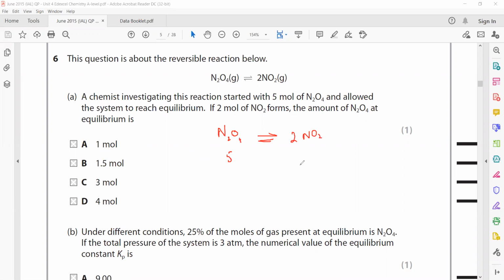In the beginning, this is 5, this will be 0. But at equilibrium, how many moles of NO2 do we have? 2. So how many moles of N2O4 will be used? The ratio is 1 to 2. So we have 2 moles, so this will be X, cross multiply. So we'll get 1 mole of N2O4 is used. So how many are left? 5 minus 1, that is equal to 4. So D is the right answer.